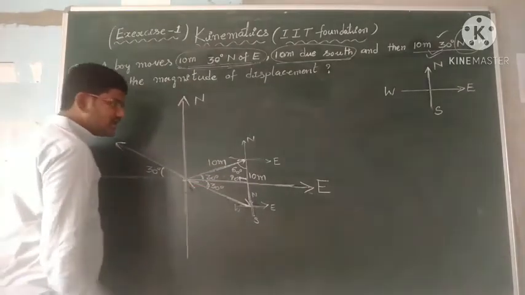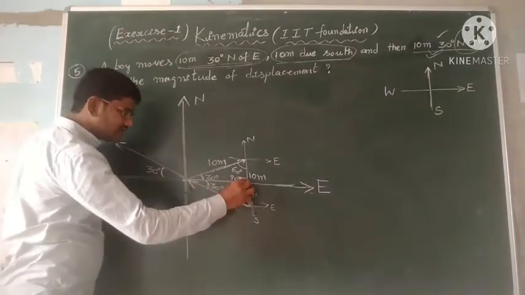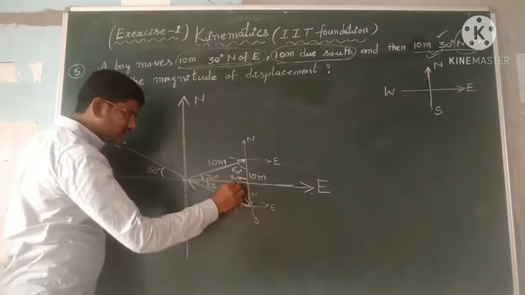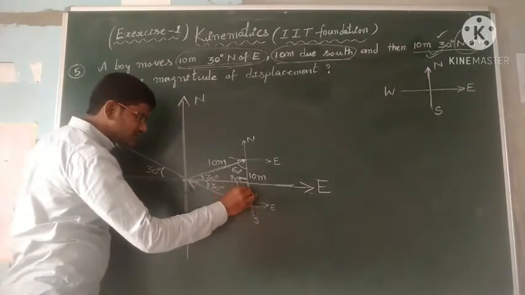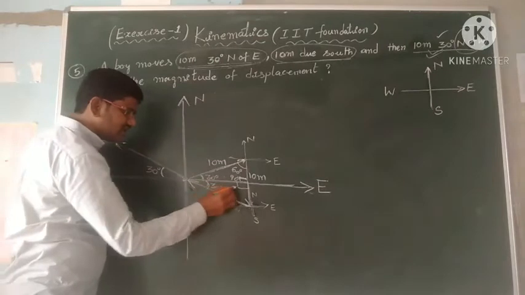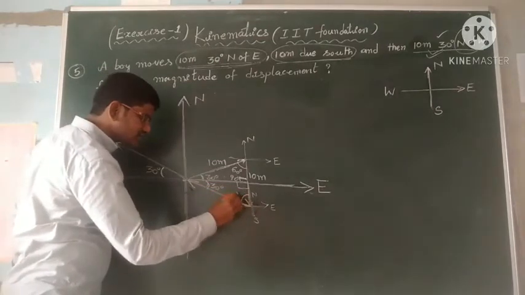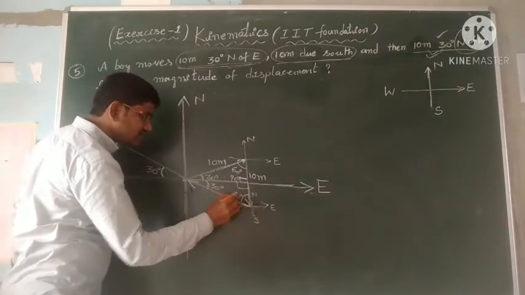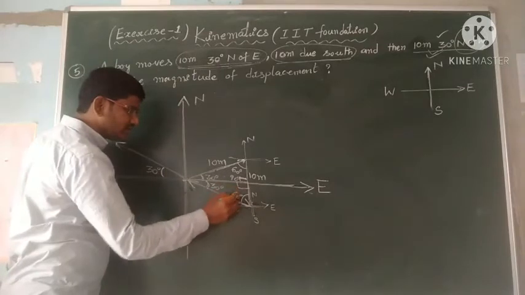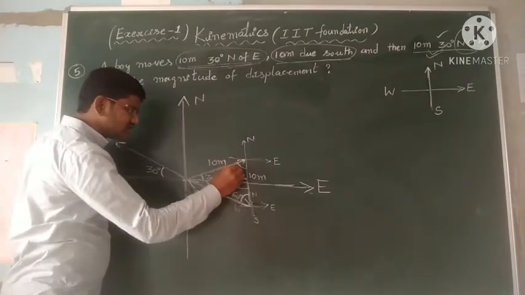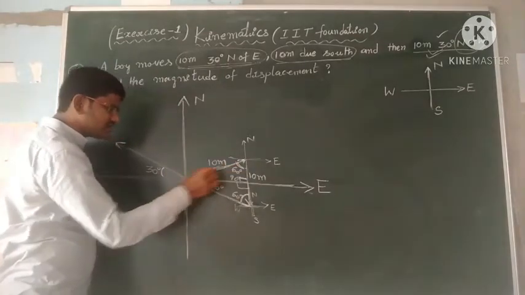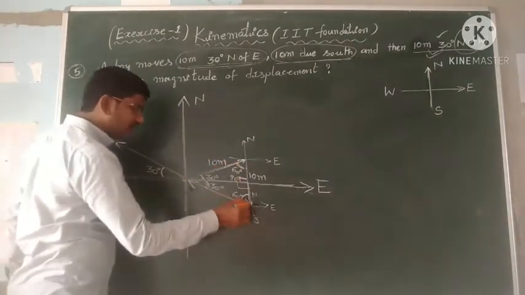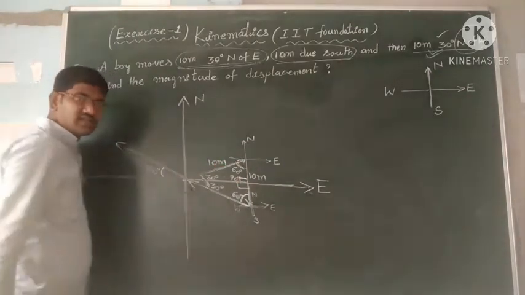And now similarly you see this is 30 degrees, this is perpendicular, so this is 90, this is 30 degrees, this is 90 degrees, so the rest of this angle is 60 degrees. So this is 60, this is 60 degrees, and this completely 60 degrees. Means in this triangle all interior angles are equal.